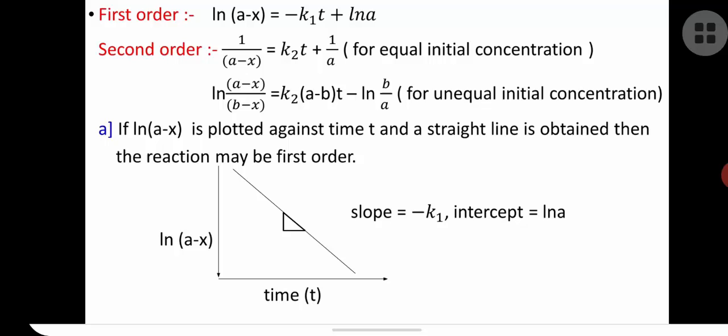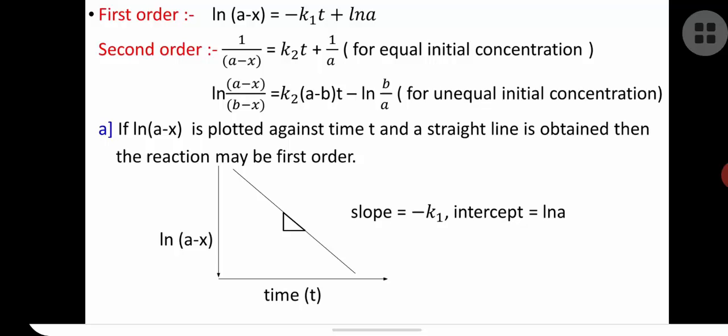For unequal initial concentration, the equation becomes ln[(a - x)/(b - x)] = k2(a - b)t - ln(b/a). For third order reaction, 1/(a - x)^2 = 2k3t + 1/a^2 for equal initial concentration.